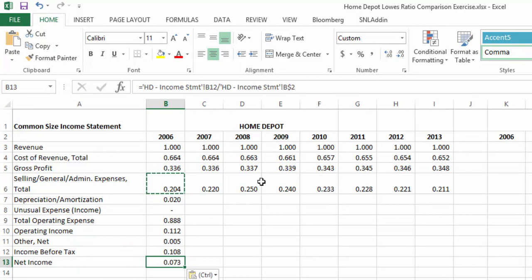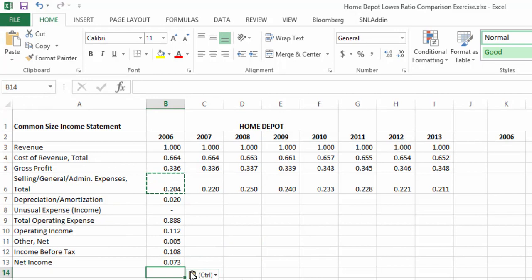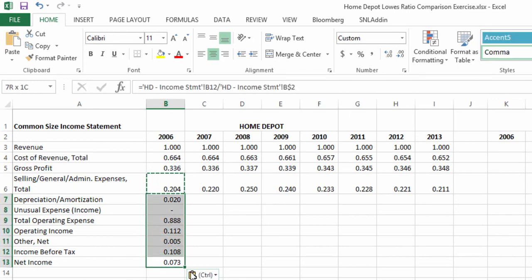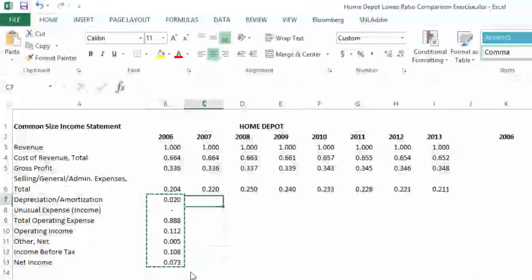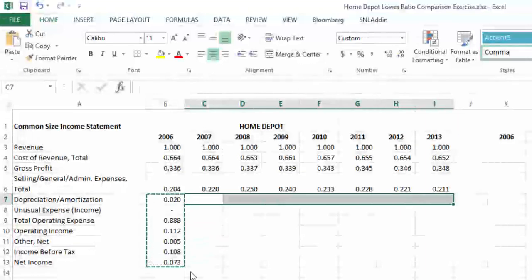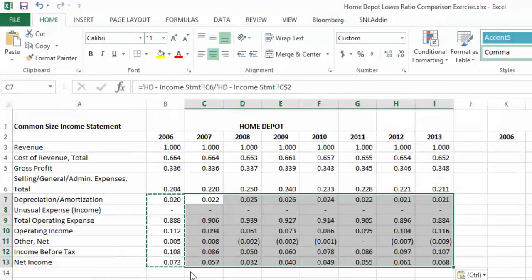The very bottom line, the 7.073 there, or 7.3 cents per dollar, that's the net profit margin we talked about in the profitability ratios. So the firm is making 7.3 cents for every dollar in sales. And again, we'd like to see that growing over time. And we can now quickly look and see how that changed for the firm.